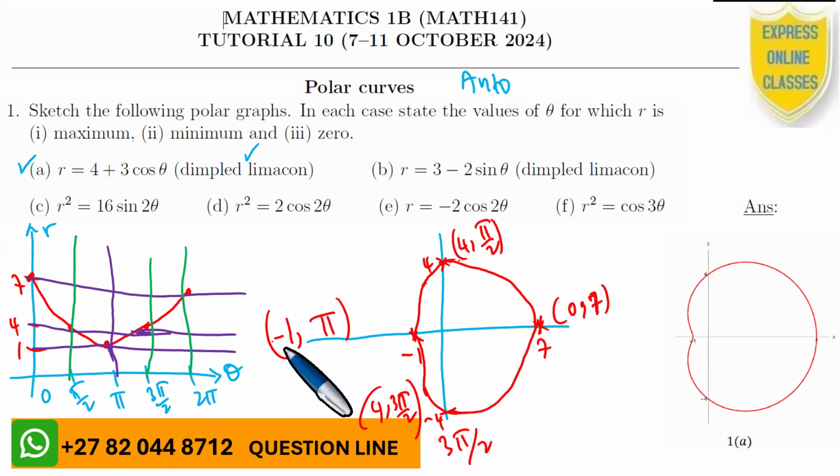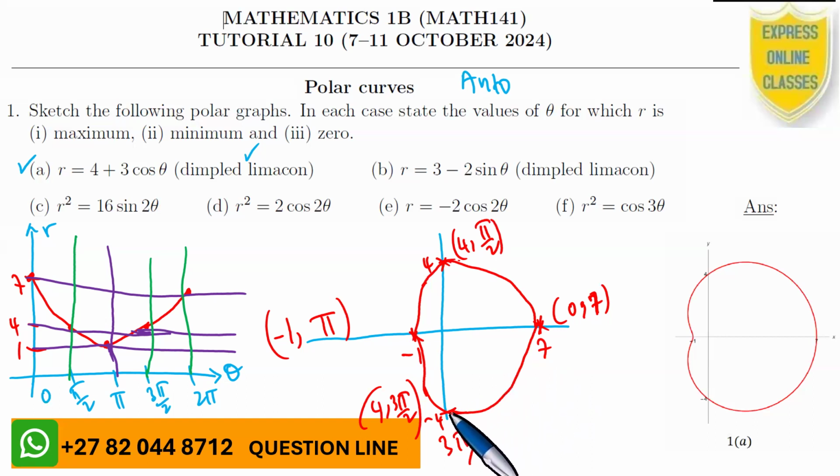An increase in the negative direction is equivalent to, in particular, from pi to 3 pi over 2, we can see the negative r. But from 3 pi over 2 to 2 pi, it is exactly moving from minus 4 for r.